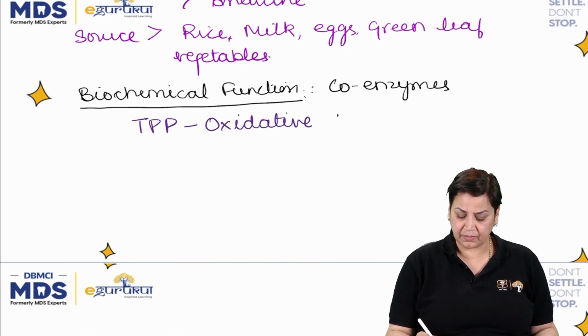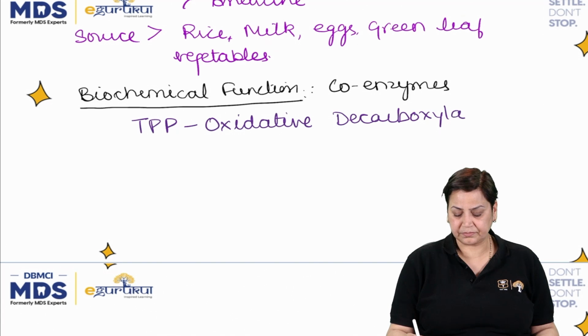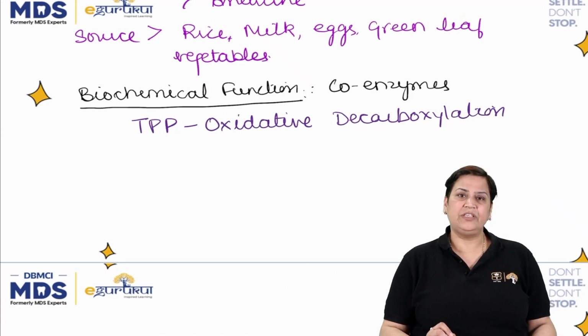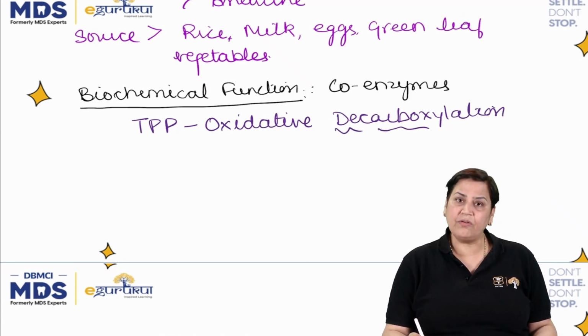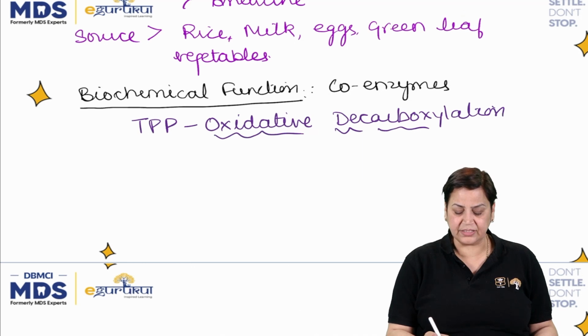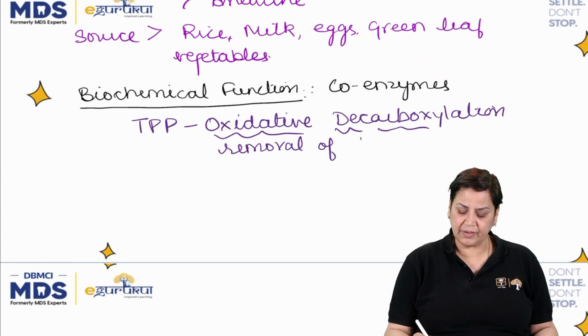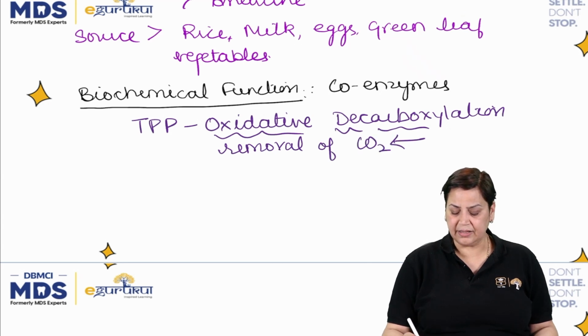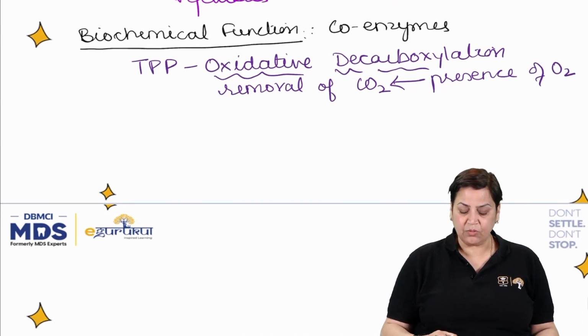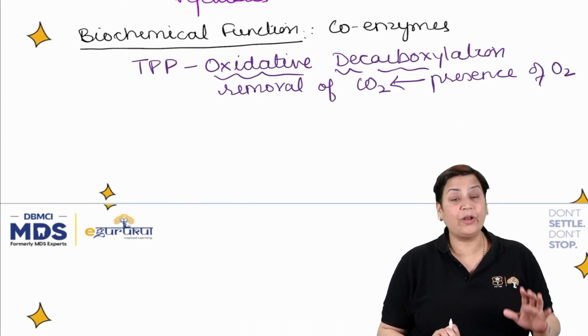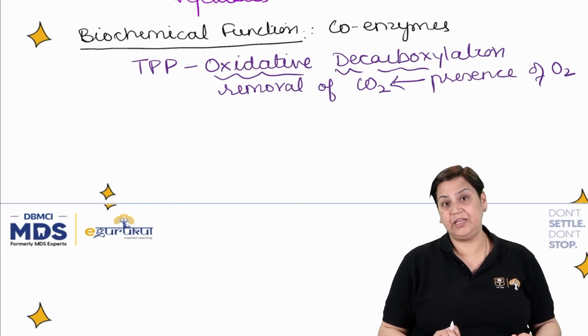Oxidative decarboxylation, which is the removal of carbon dioxide in the presence of oxygen. Now, what are the main four enzymes for which TPP is used?